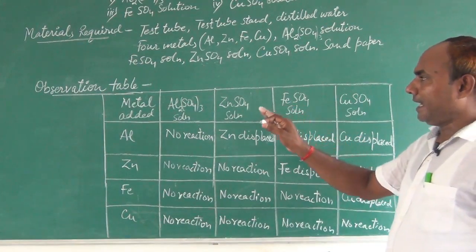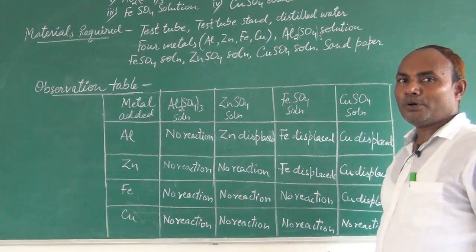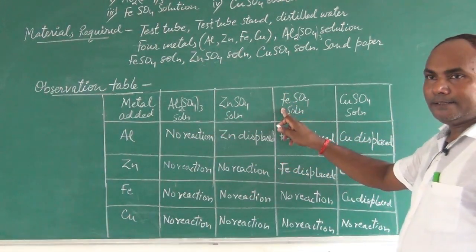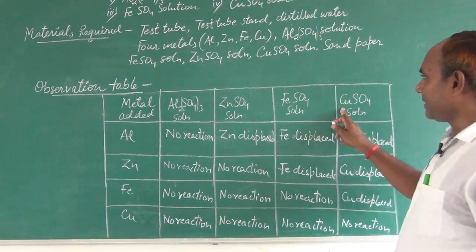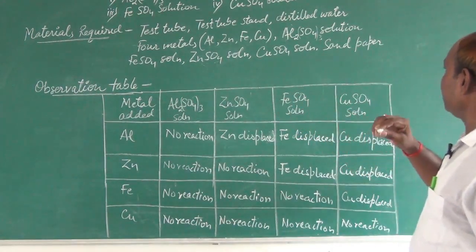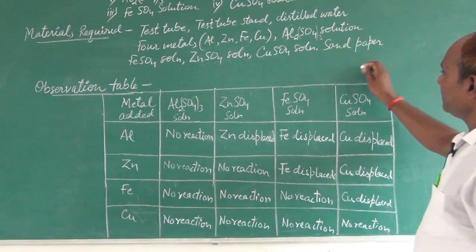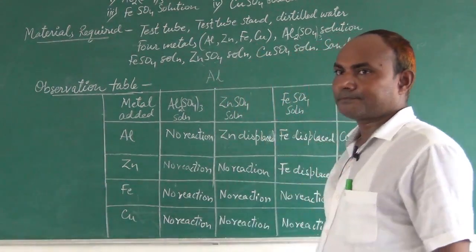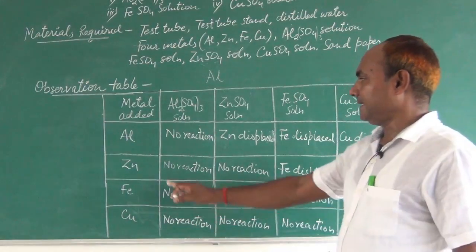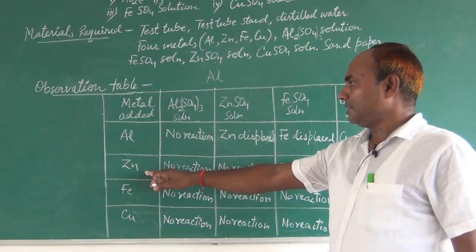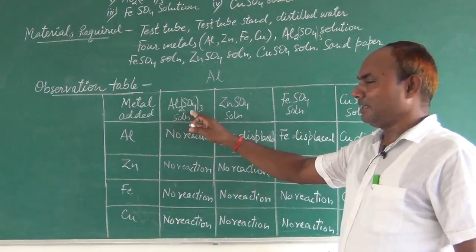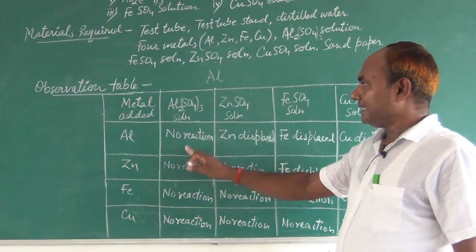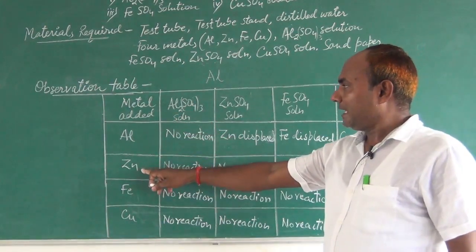It means aluminum is more reactive than zinc, more reactive than iron, more reactive than copper. तो अगर हम रिएक्टिविटी सीरीज बनाएं तो एल्यूमिनियम सबसे टॉप पे रहेगा। अब हम अगर जिंक मेटल को देखें तो जिंक मेटल को जब एल्यूमिनियम सल्फेट सॉल्यूशन में ऐड करते हैं तो कोई रिएक्शन नहीं होता। It means aluminum is less reactive.